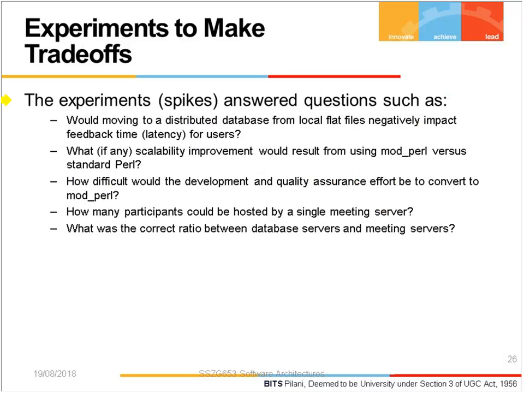So these are the type of questions spikes will be able to answer. Would you distribute the database? Or would you keep a local flat file? What if you use mod_perl in place of Perl? So you do an experimentation and see the result.